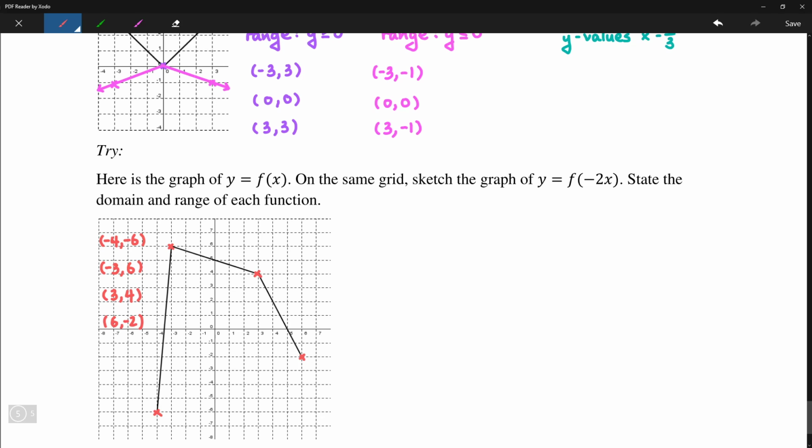All right. And now, what are the transformations? Well, there are two transformations. The first one is a reflection over the y-axis. And then there's also a 2, which is a horizontal stretch by 1/2.